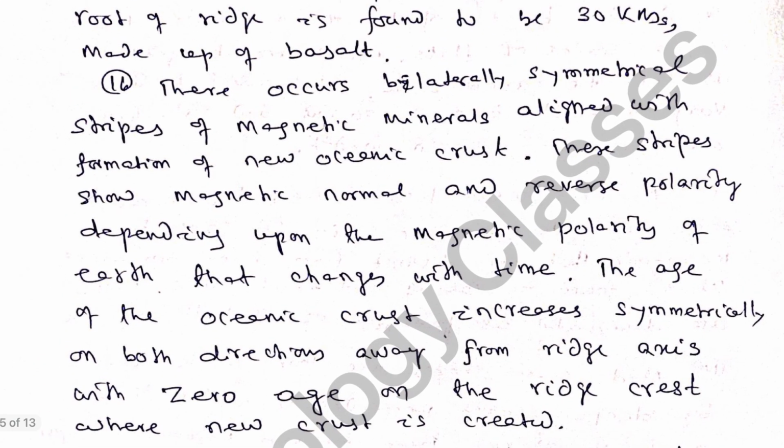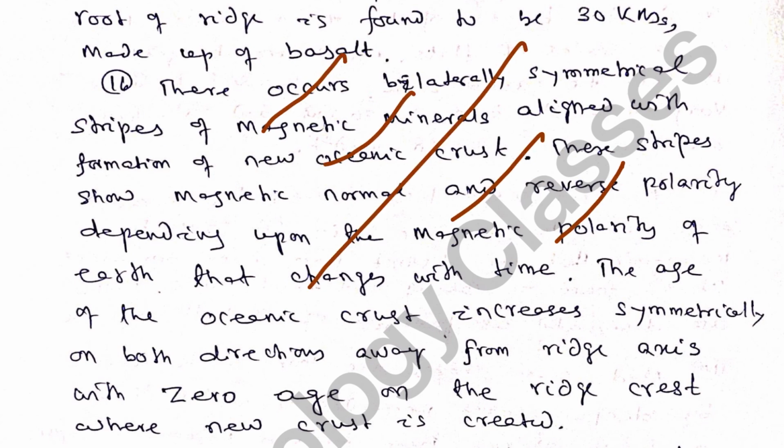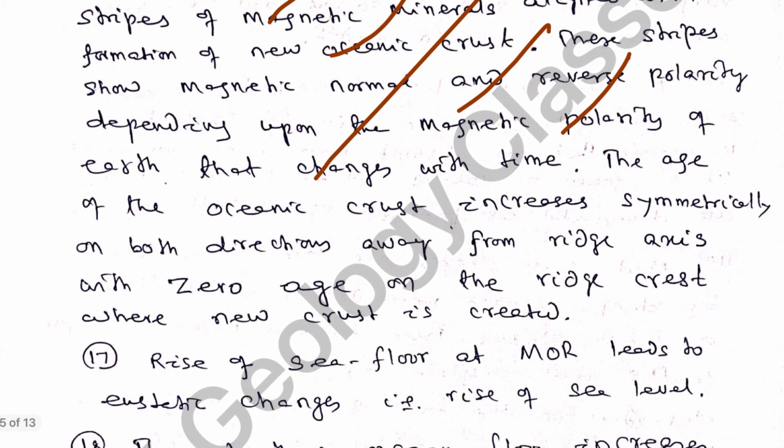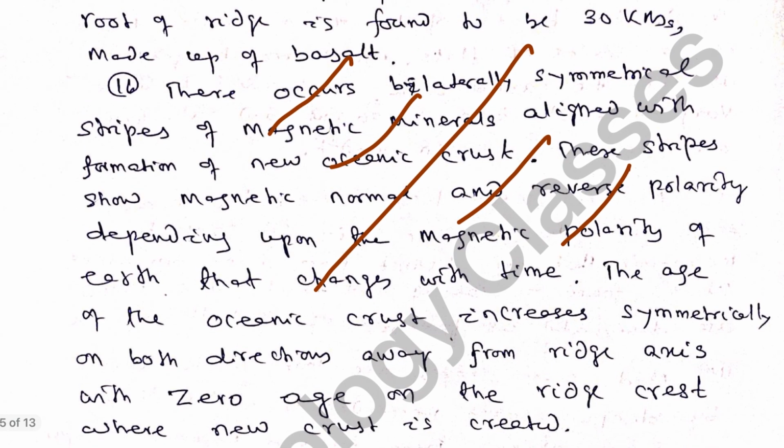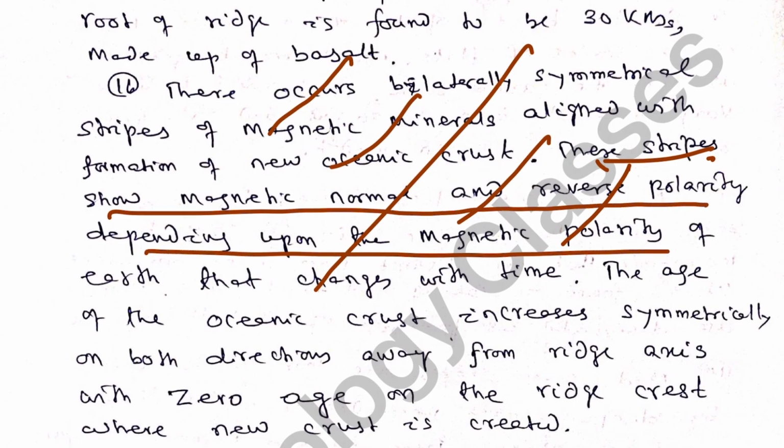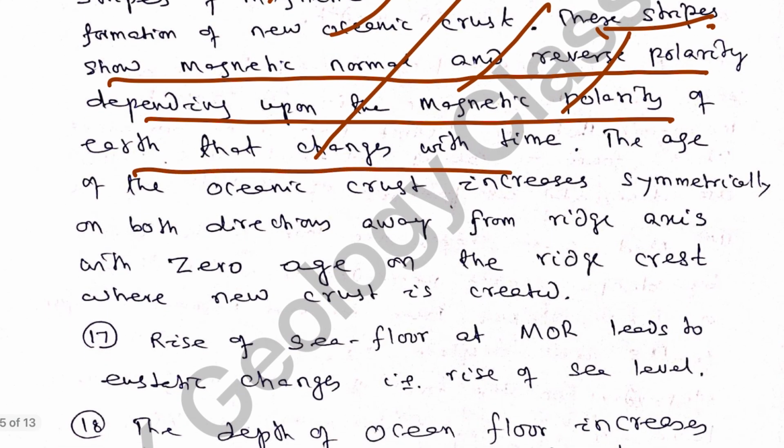And on both sides of the mid-ocean ridges we find the stripes of magnetic minerals with their polarity distinctly represented by the alignment of magnetic minerals contained in the volcanic rocks. So these stripes show magnetic normal and reverse polarity depending upon the magnetic polarity of the Earth that changes with time.